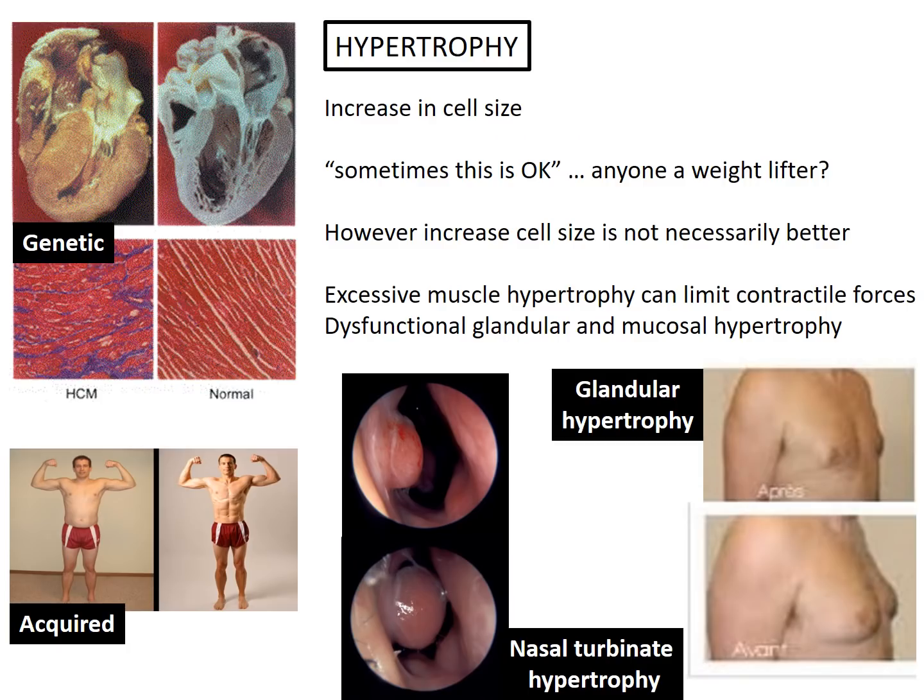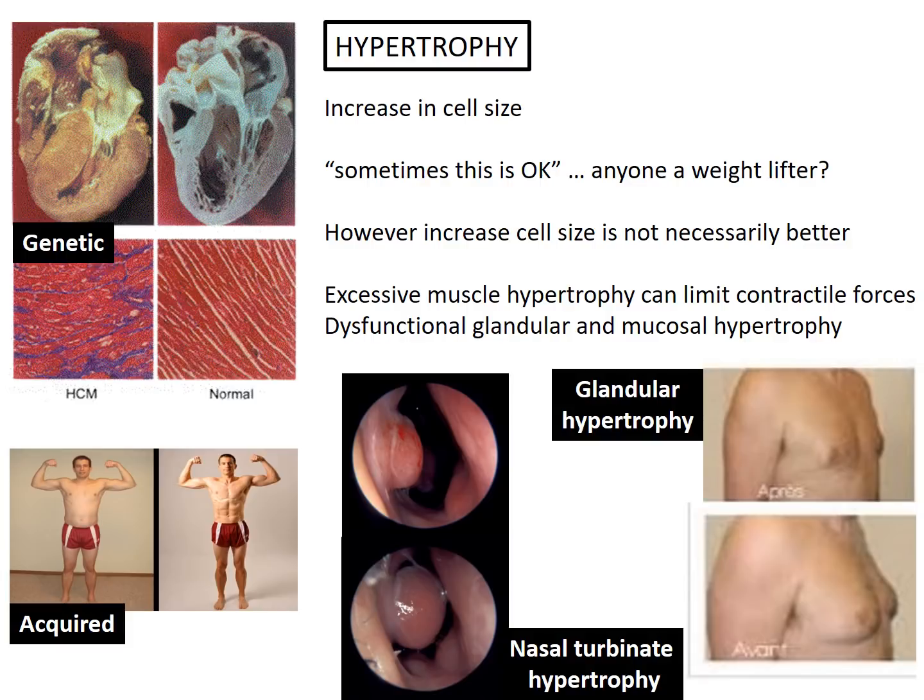Hypertrophy is an increase in cell size. Sometimes that's okay. So individuals who are lifting weights and gaining muscle, that's muscle hypertrophy. That's okay. We would consider that acquired hypertrophy. The individual is doing something to get to that state.